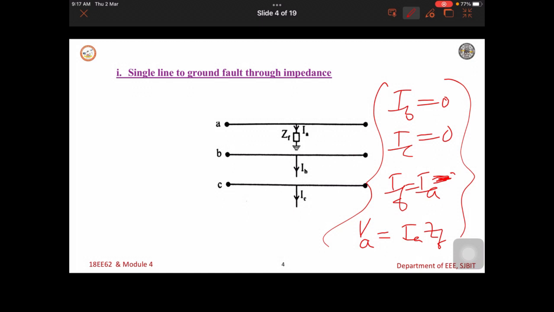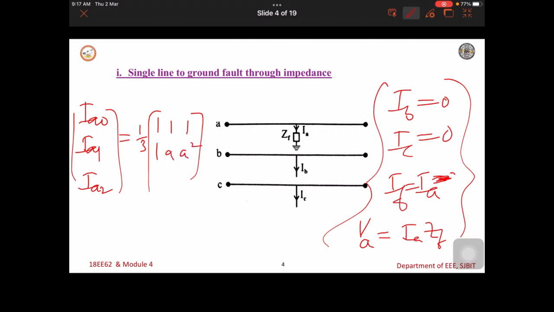To derive the solution, let us consider the symmetrical components of currents. As we know, the symmetrical components of currents are IA0, IA1, IA2. This is given by 1/3 of the matrix [1 1 1; 1 a a square; 1 a square a] times IA, IB and IC. Here IB is 0 and IC is also 0.